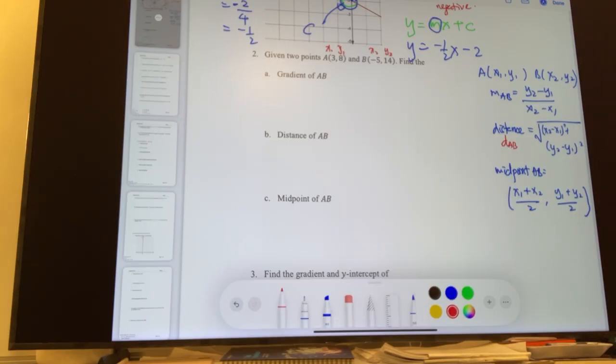Can you put in the proper brackets when you put it in the calculator? This is a plus, not a minus. It's a plus. So it's just 10.